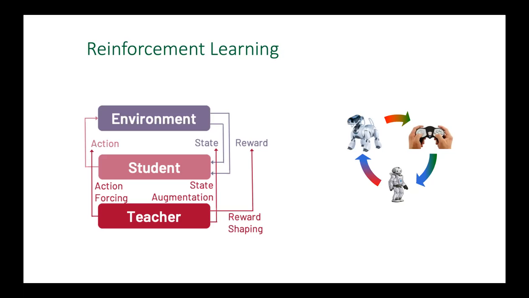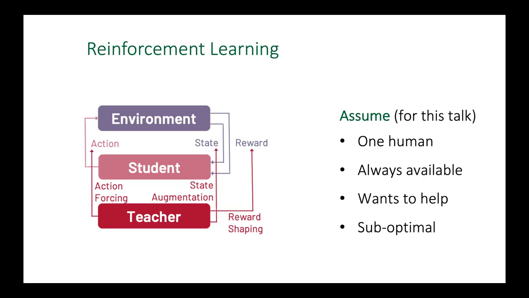Because at least in Edmonton, when it gets down to -40, you probably want to take a different route because it could be slippery and it's certainly going to be cold. You could also think about reward shaping. So you get this environmental reward that's coming down to the agent from the MDP, but you could also have the teacher giving the agent breadcrumbs, trying to lead that student agent along the path to a good reward.